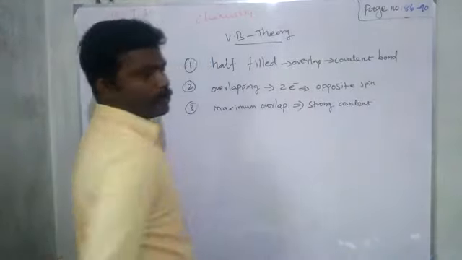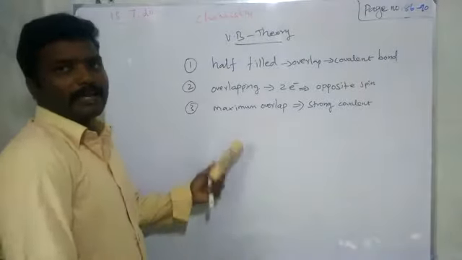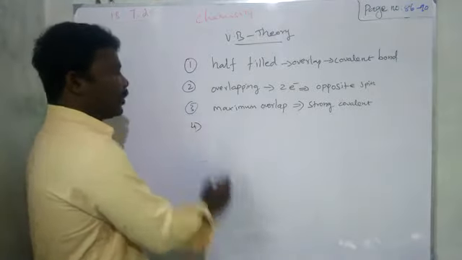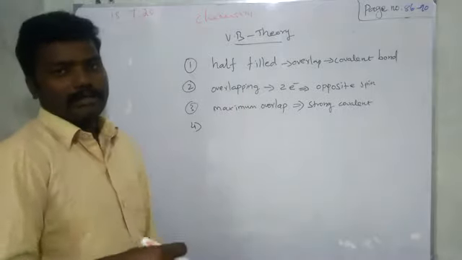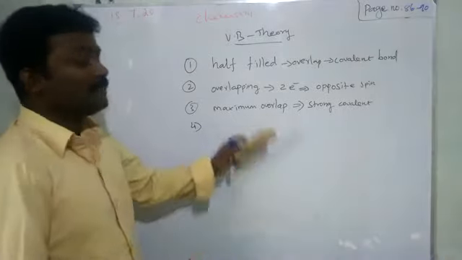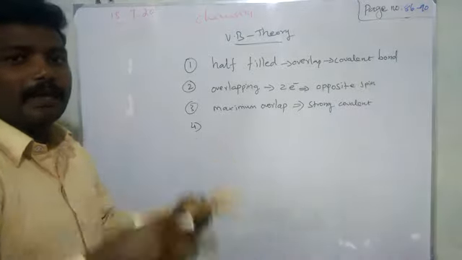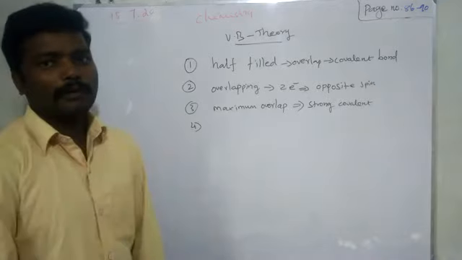If you want to produce a strong covalent bond, you want to make the maximum overlap, because maximum overlap will give more energy. Then the last one, the orbitals undergoing the overlap have some specific direction. The overlap takes place in that particular direction, and we will get the strong covalent bond, right?